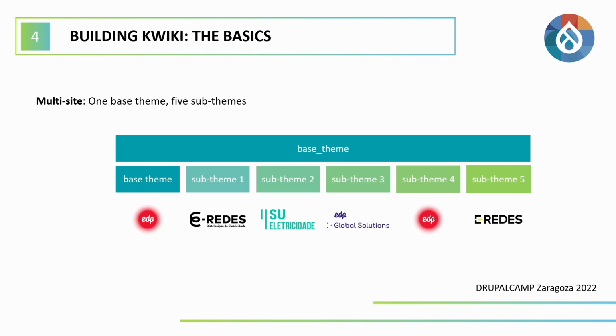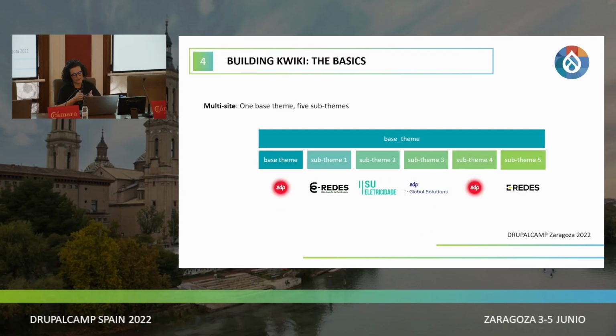Like I said, multi-site. So also, as you can imagine, these different companies have very different identities and logos and so on, and colors, even fonts. So what we have is the base theme that was developed for the original stakeholder, which is EDP Comercial. And then we developed different sub-themes from that base one for all the other companies.